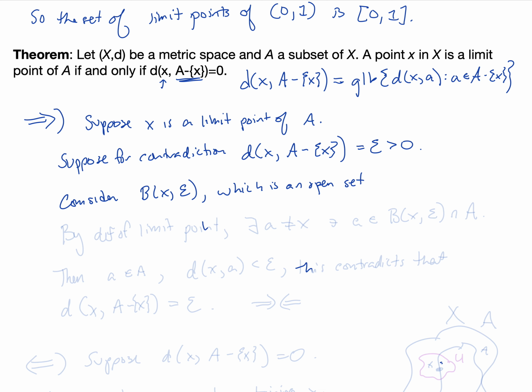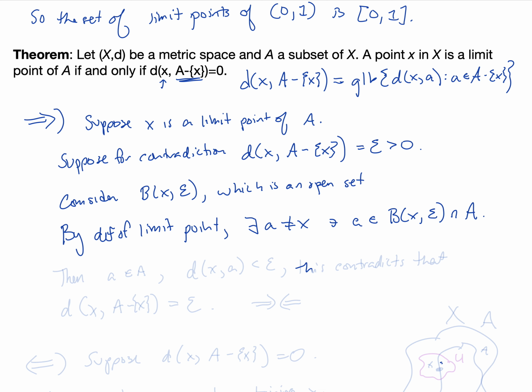So by definition of limit point, because this is an open set, there must be some a other than x, such that a is in the big set A and a is in this open set. So let's write that down. By definition of limit point, because x is a limit point, there exists some a not equal to x, such that a is in both the ball centered at x of radius epsilon and in the set A.